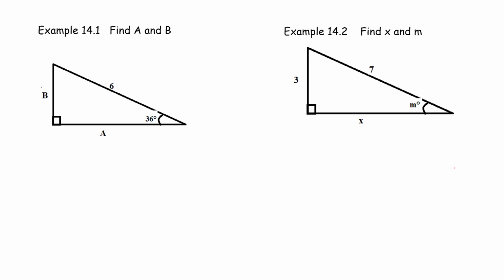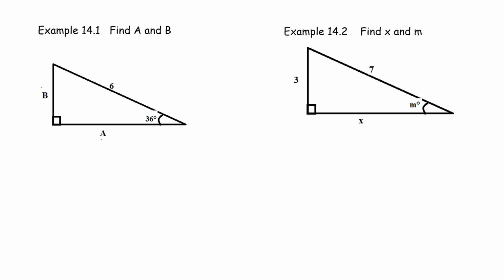So we're going to use those functions to find some missing parts of some triangles. All right, so in example 14.1, you want to find the sides A and B. You have an angle, 36 degrees, and you have the hypotenuse, 6. So you can use these trigonometric functions to find the missing parts.